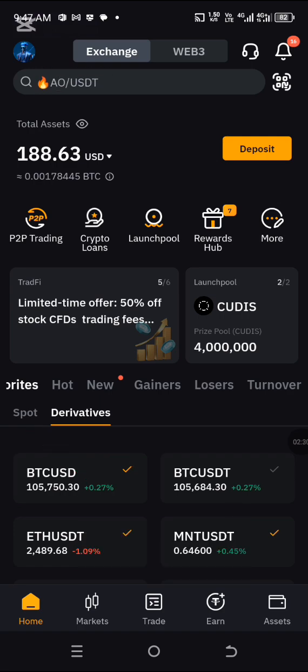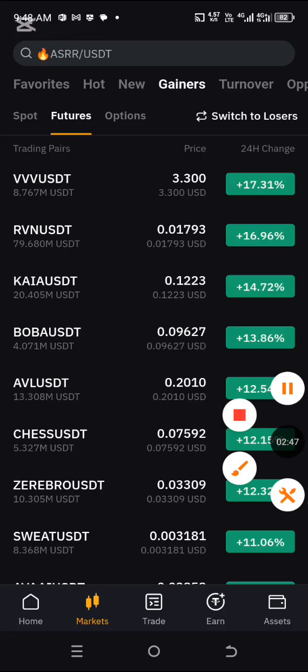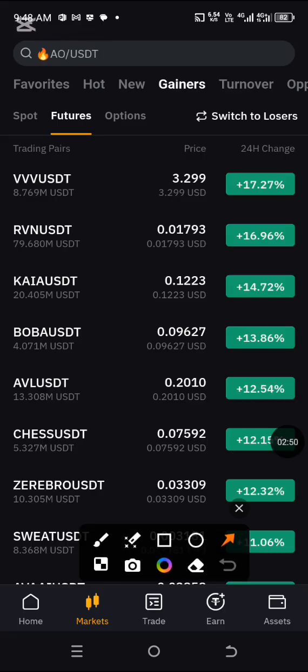Now the next button you are going to be seeing is the market. Just as the name implies, this is the market. This is where you can see all the cryptocurrencies that people are trading, buying and selling. This is the part where I told you to pay attention to the buttons up here.